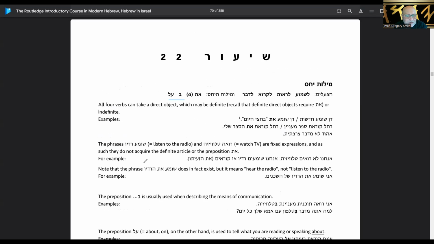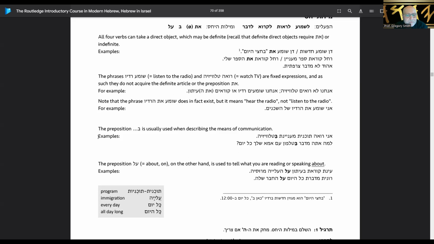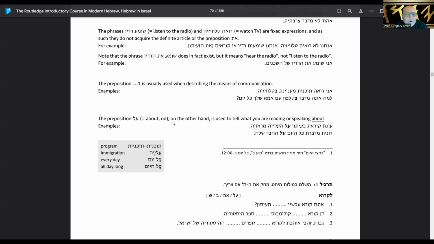Okay, let's see here. About or upon. It has to do with speaking about. And I think the bet one is usually used when describing the means of communication.